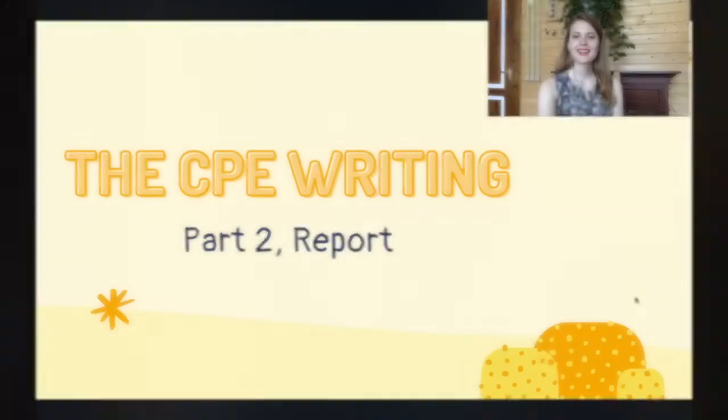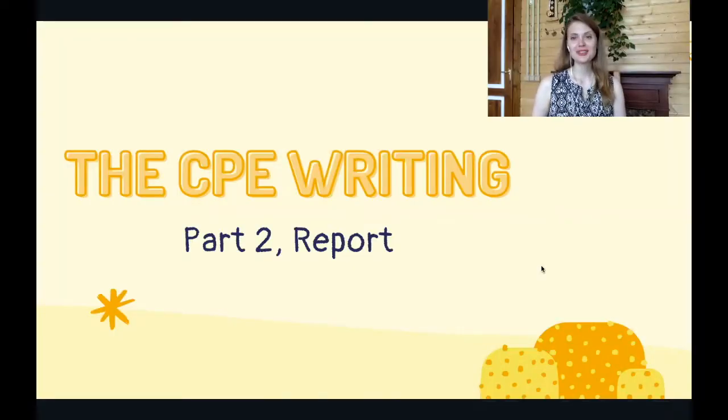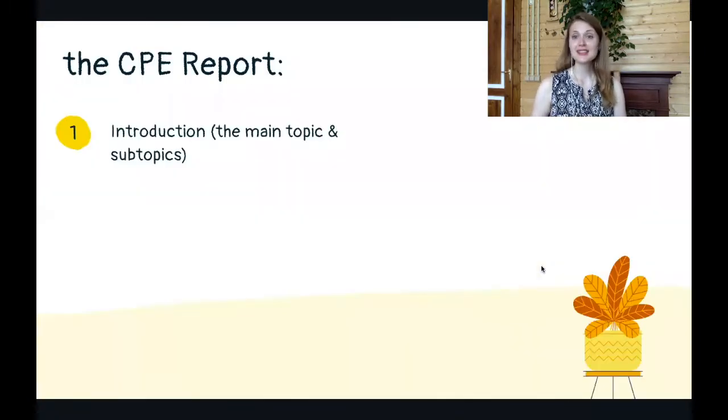And now, without further ado, let's look at the sample CP report and see how it all works in operation, so to speak. Okay, and now you see the presentation that I've prepared for you that will help us understand what a report is and how it is compiled. And I suggest that we start with the structure. First is introduction.